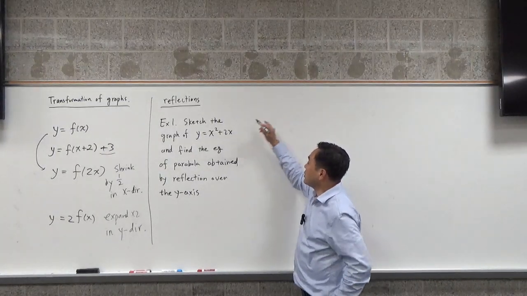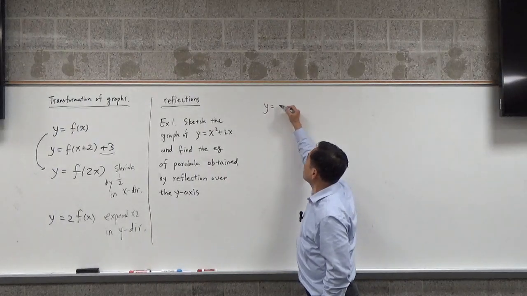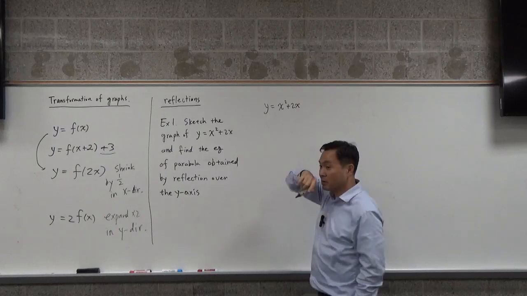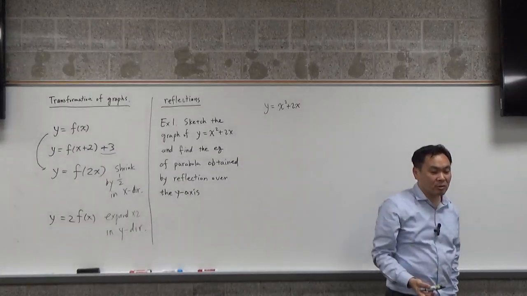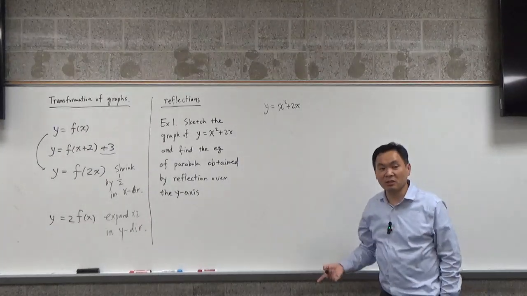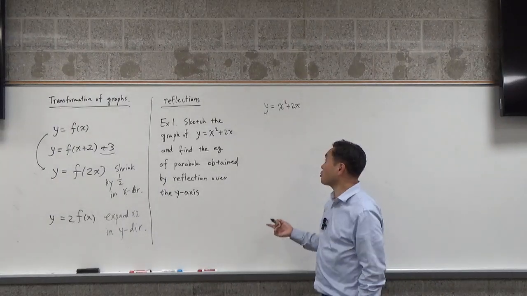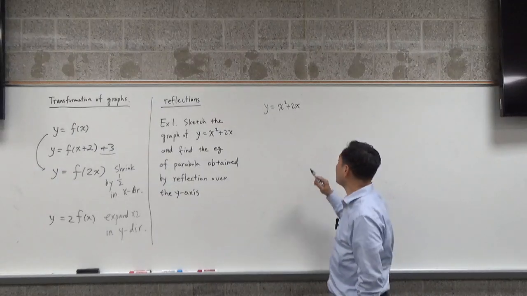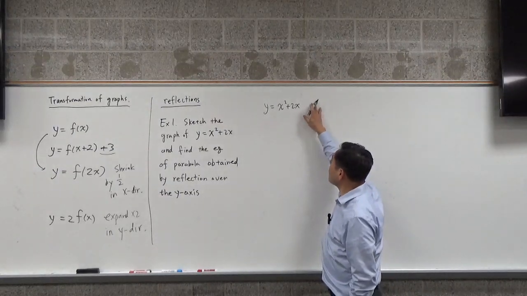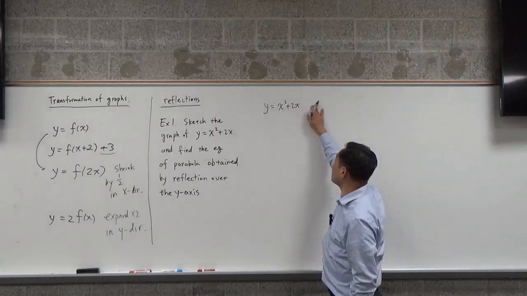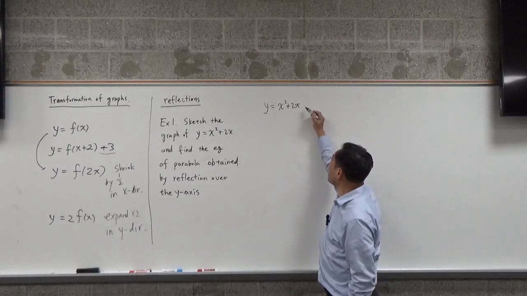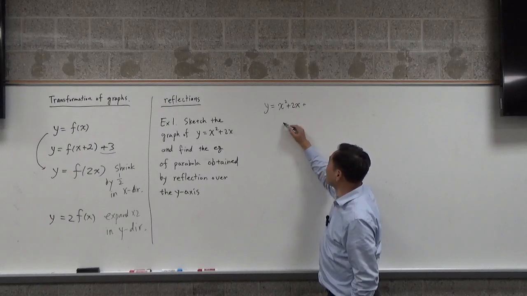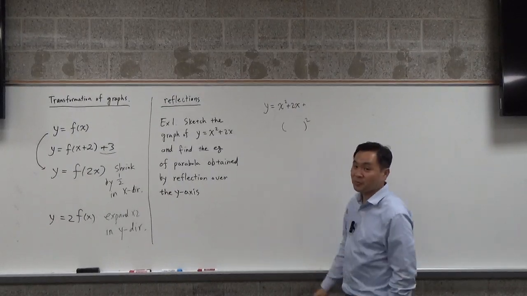Okay, so first, how do we graph x squared plus 2x? Well, first of all, we would need completing the square to draw the graph of quadratic equation. That's what we observed last time, right? If there was a constant, we would have moved to the other side, but there isn't any, so we just have to now figure out what to add here, right here, so that this right side becomes something squared.